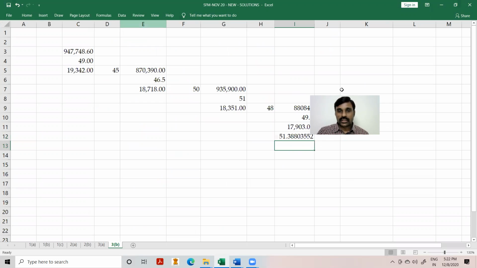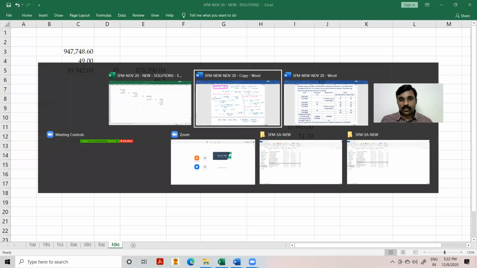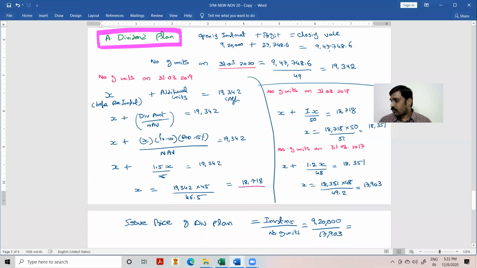It will be around 51.39. Issue price will be 51.39.